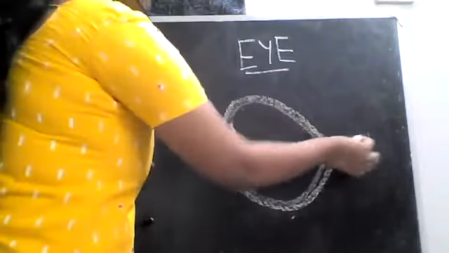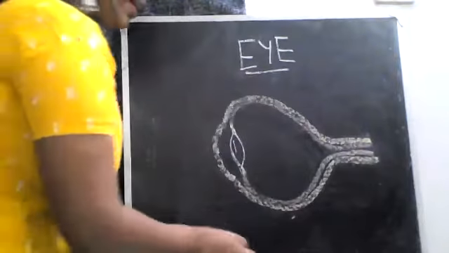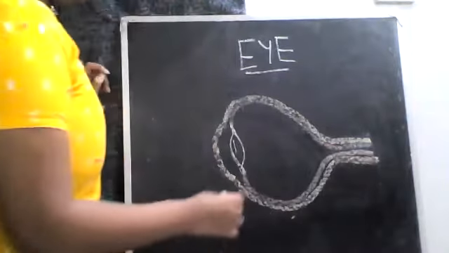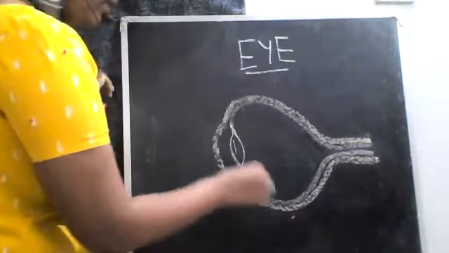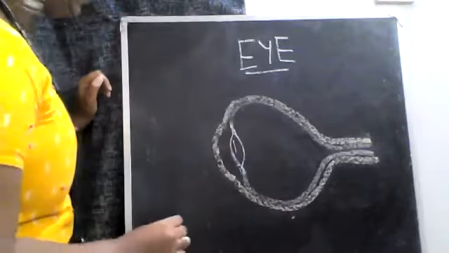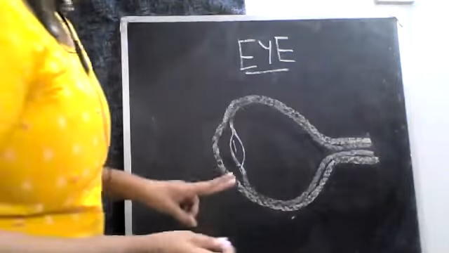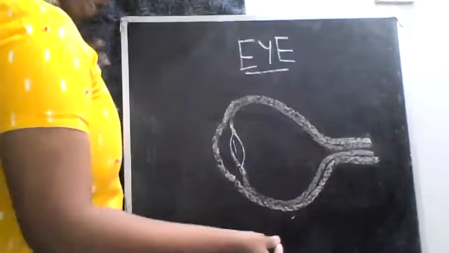So we had the outermost layer. The name of this layer is called sclera. This second layer that we drew inside is called the choroid. The choroid holds the lens while the sclera bulges outside. We have two more detailings to add before we finish the final picture.